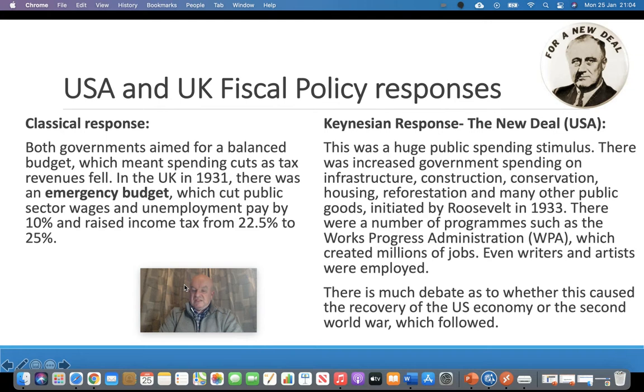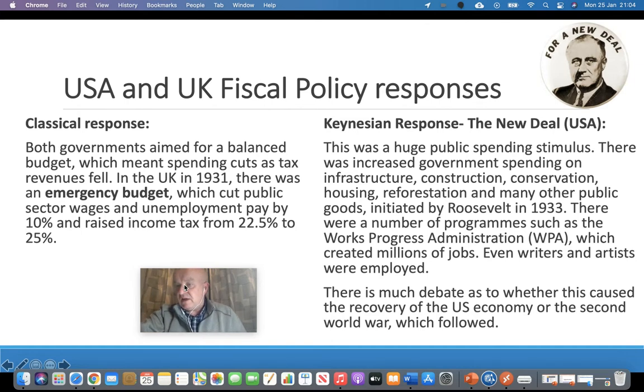So there was a significant amount of pump priming provided by the government, and millions of jobs were created. There's a lot of debate as to whether this caused the recovery of the US economy or the Second World War, which followed. So in essence, clearly there were significant policy differences there as far as the US and the UK were concerned.